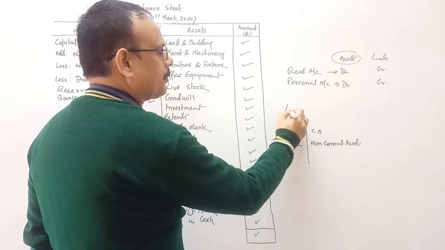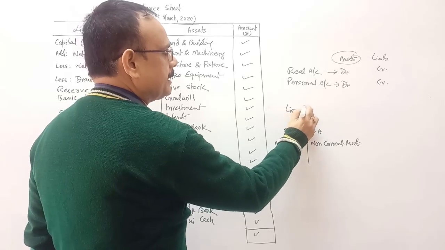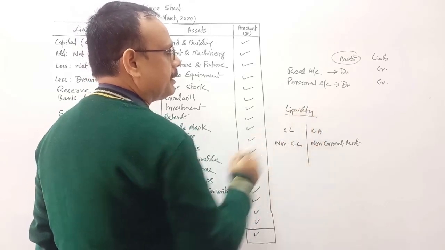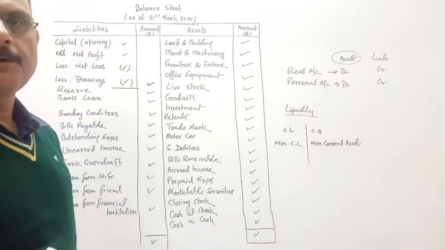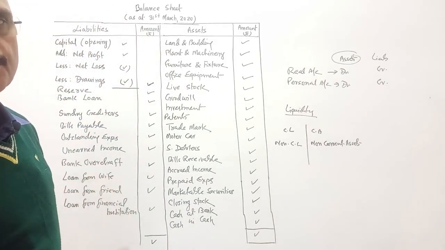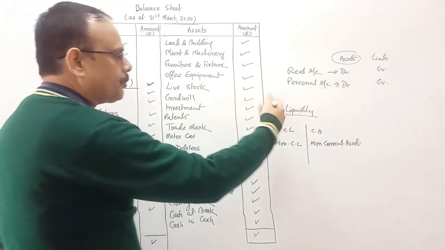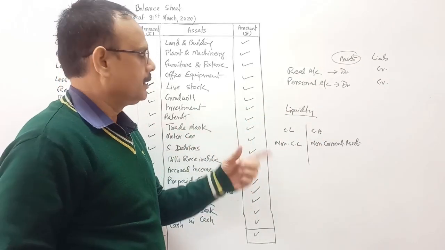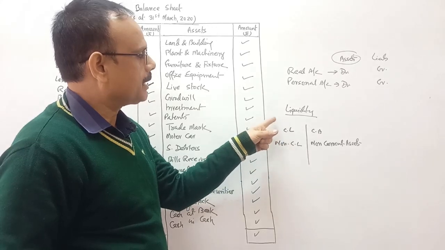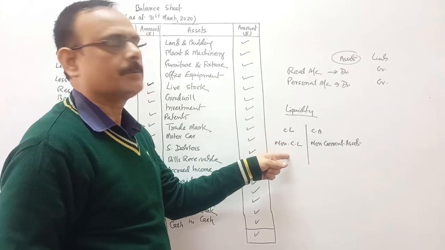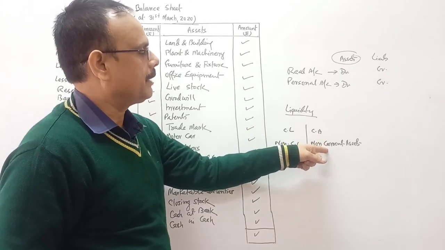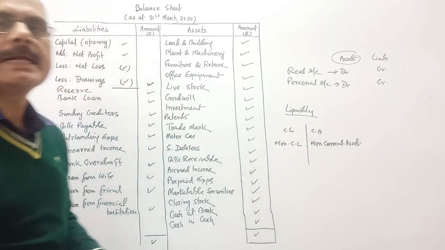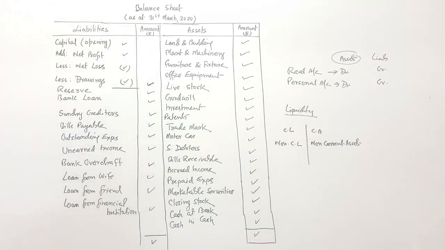Then the presentation is in liquidity form. Just opposite is the presentation in the form of permanency. Then the non-current liability will be at the top and current liability will be at the bottom. Non-current assets will be at the top and current assets will be at the bottom.